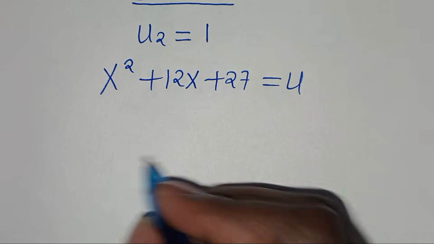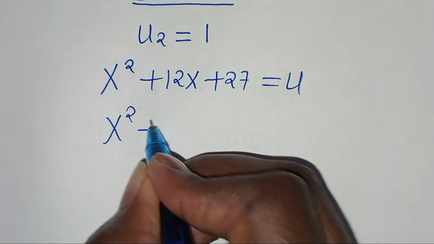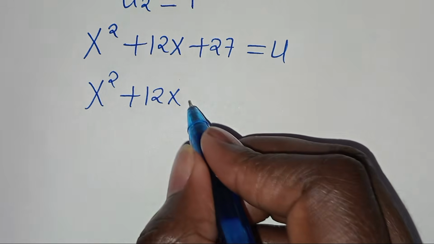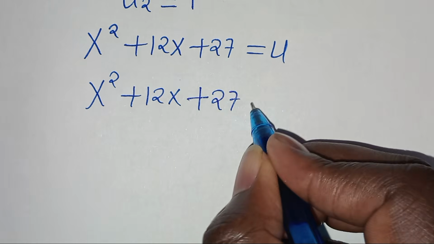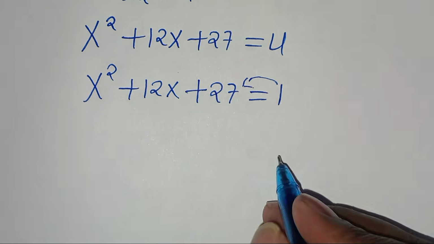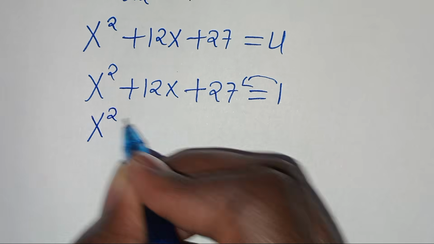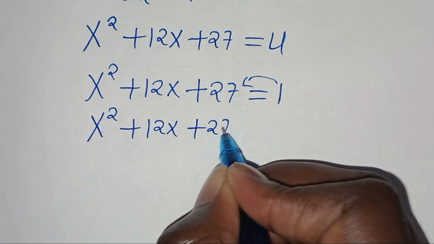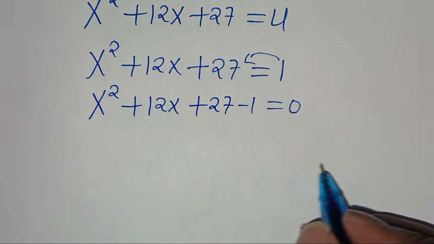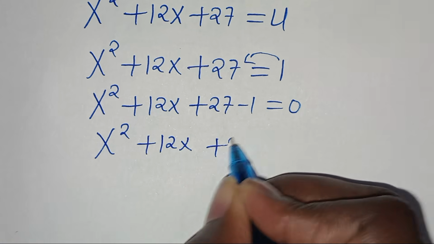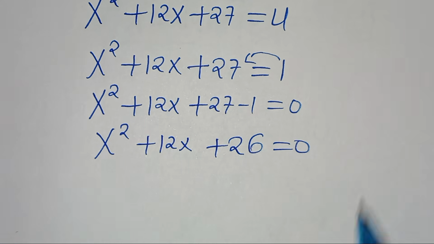So this implies that we have x to the power of 2 plus 12x plus 27 equal to 1. Now let's take 1 on the left hand side. So this is x squared plus 12x plus 27 minus 1 equal to 0. And this means we have x squared plus 12x plus 26 equal to 0.